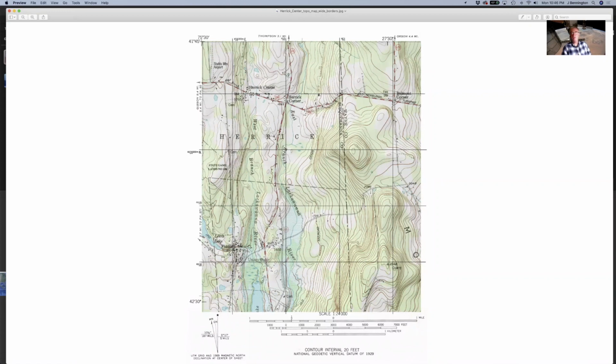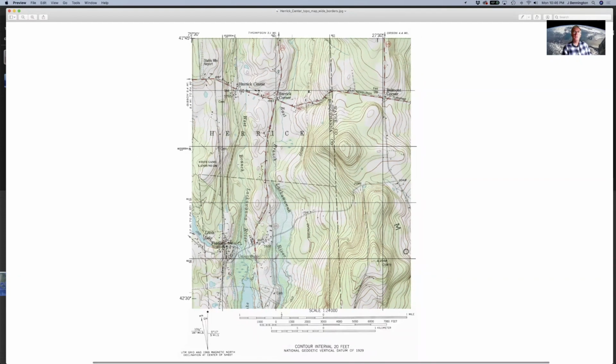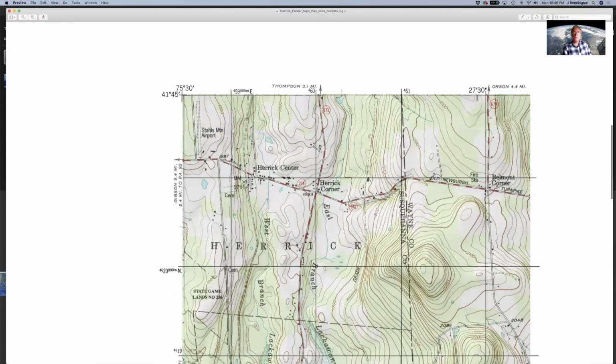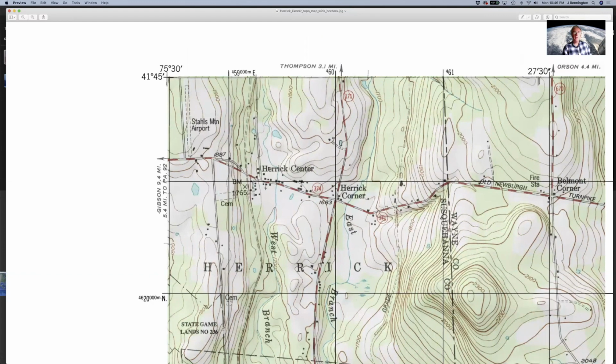So now let's take a look at the topographic map that you're working with in the lab, and just make sure that we can locate and that we understand the two coordinate systems as they're shown on the map. This particular map is a detail from a map of Herrick's Corner in Pennsylvania. If we zoom in on the upper left corner of the map, you can see there's a bunch of numbers printed along the edge of the map.